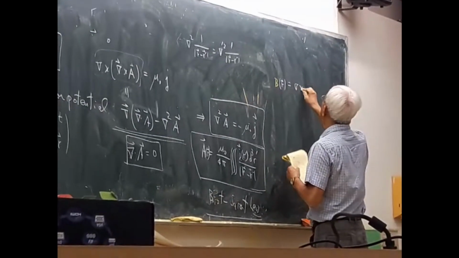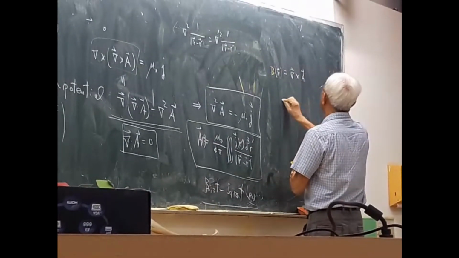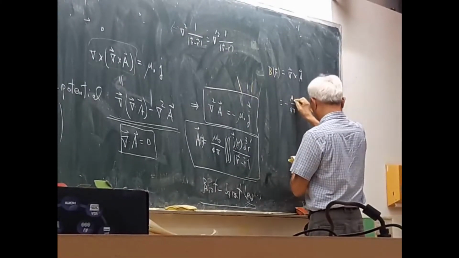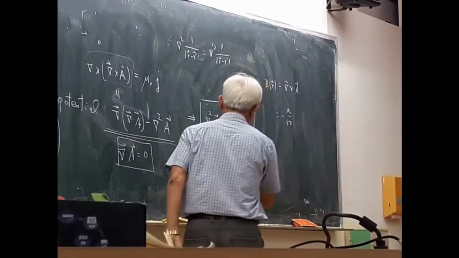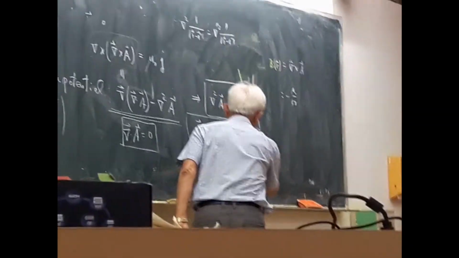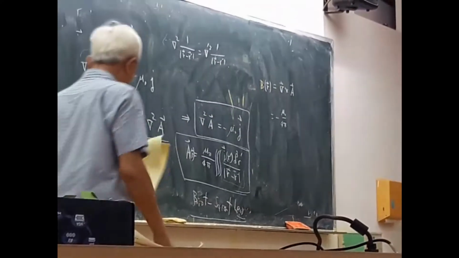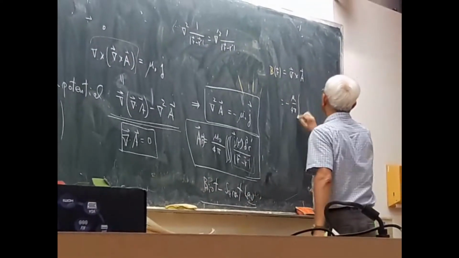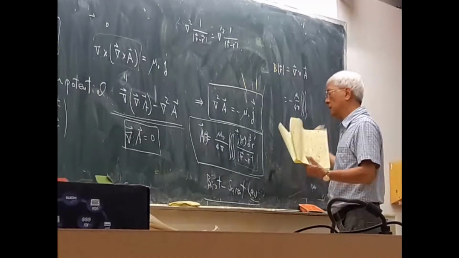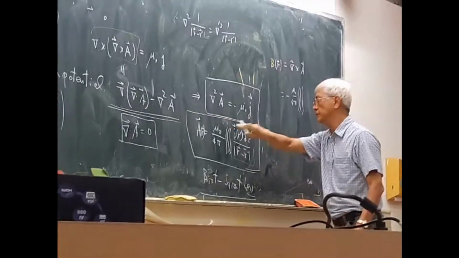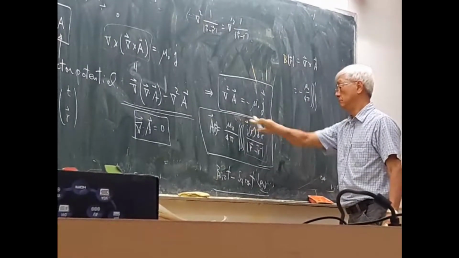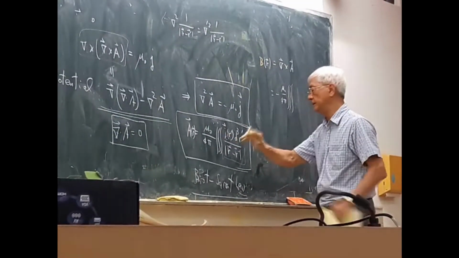B of R is equal to curl A, and that is mu naught over 4 pi, right? Curl again. Curl only acts on these factors, 1 over R minus R prime, which involve R. So when you do the curl, the gradient is the derivative of that, so you have to change the order of the vector product.